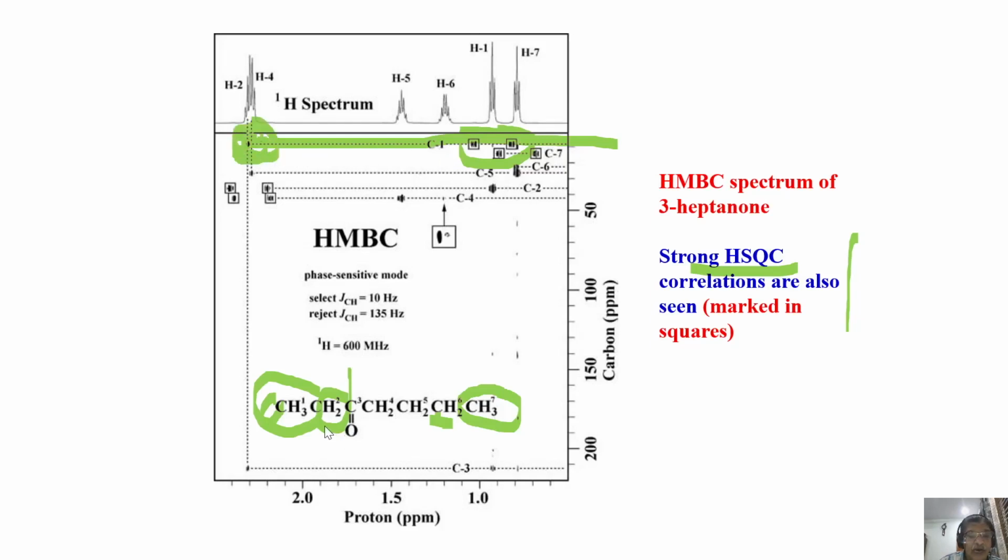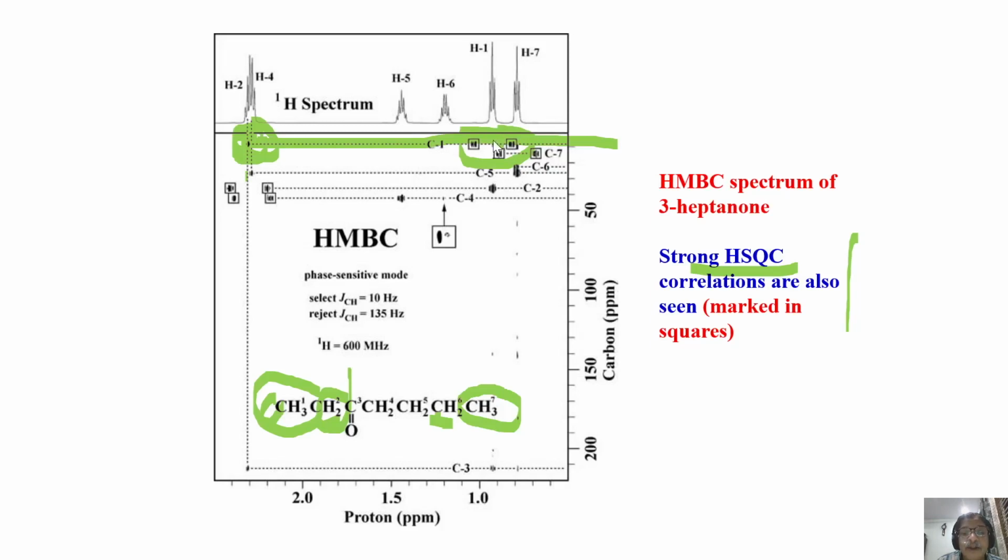Now carbon 2, where is carbon 2? Here, in the carbon dimension, this one. This carbon 2 should have a strong correlation to proton 1. Where is this proton 1? Somewhere here, it is all hidden.